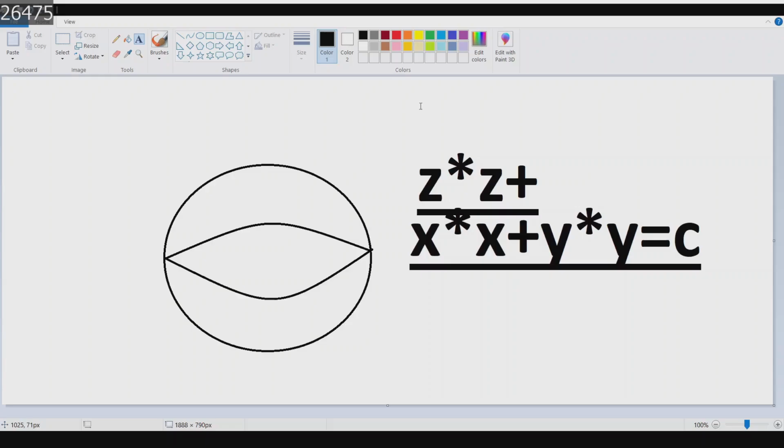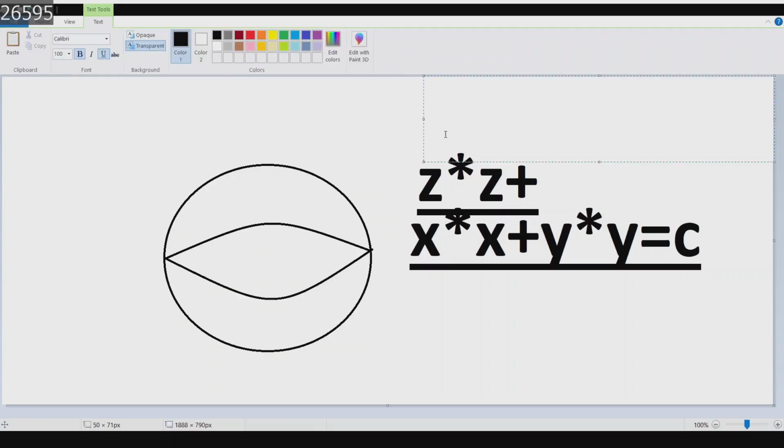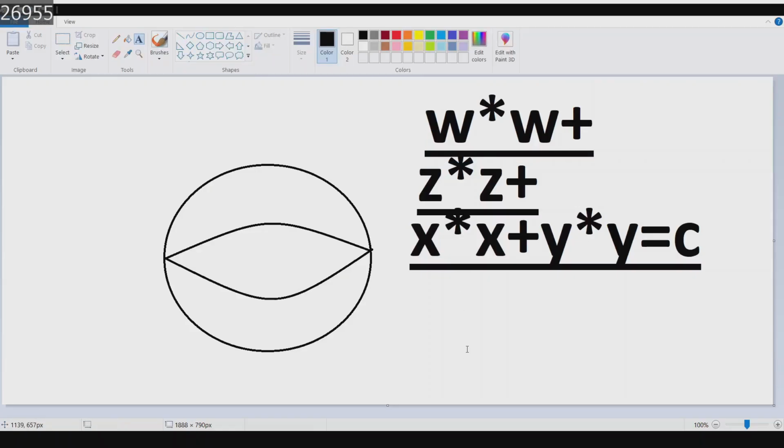What we can do is add in w times w, and we get this thing extruded in a 4th dimension and another axis of rotation, so now we have 3D.